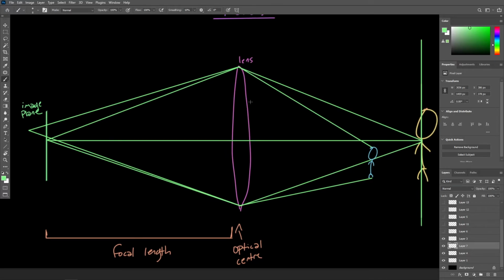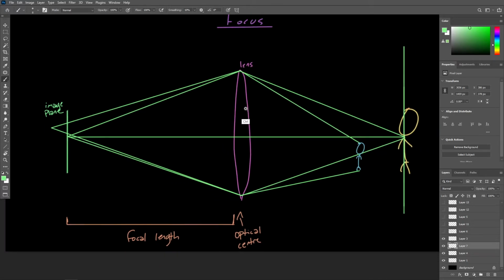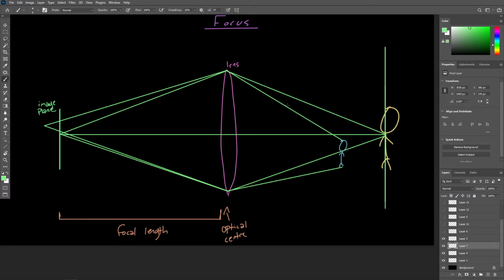So the goal of focusing is to get the appropriate light rays observed from a scene, maybe from this plane right here, to form the smallest circles, if you will, when those light rays pass through the image plane, thus achieving the best focus possible on objects at this particular distance from the camera.